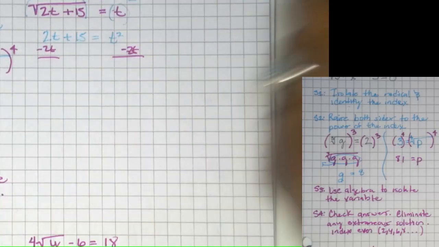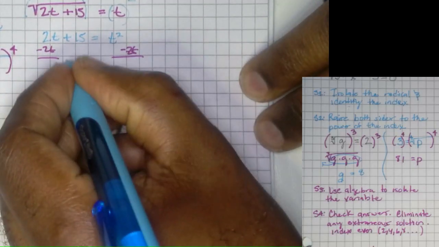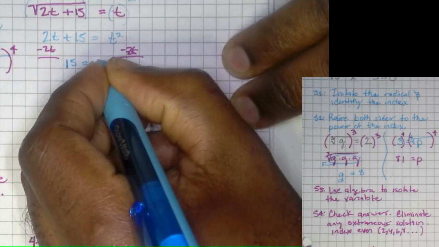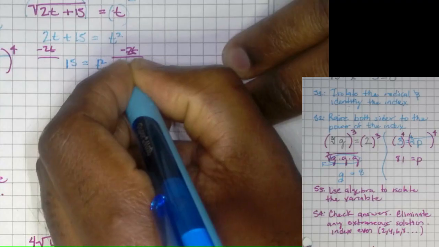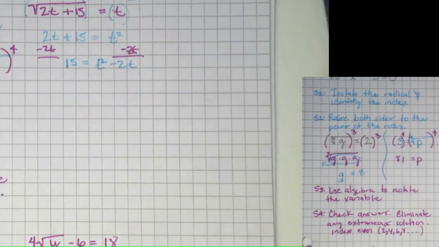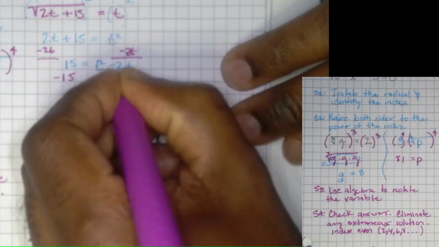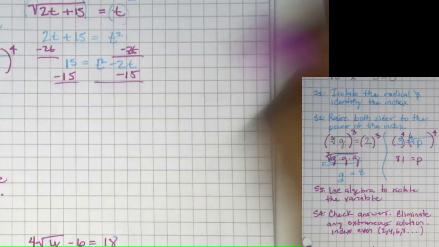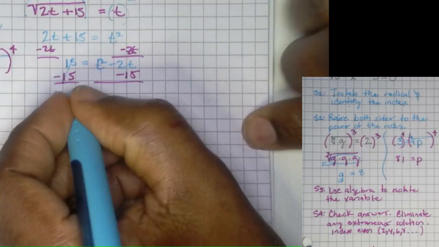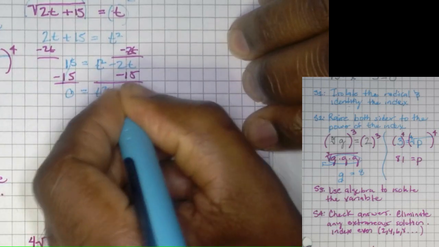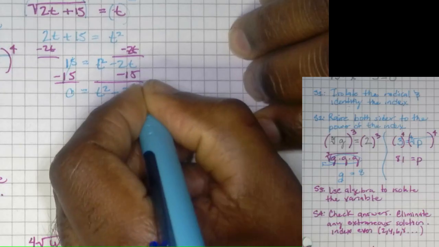We end up with 15 equals t squared minus 2t. All right. Then we'll subtract 15 from both sides. Still don't have any like terms on that right side. We end up with 0 is equal to t squared minus 2t minus 15.